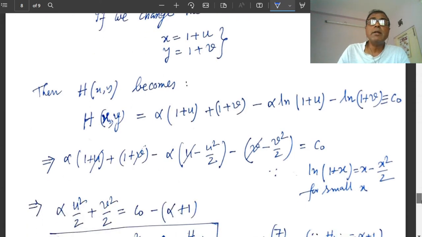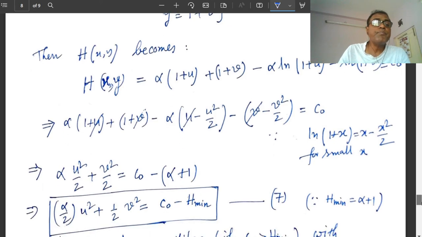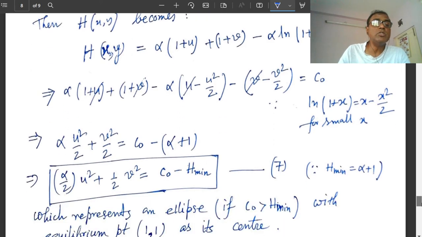After simplification, you get α u squared by 2 plus v squared by 2 equal to c0 minus (α plus 1), where for small x we know ln(1 plus x) equals x minus x squared by 2.